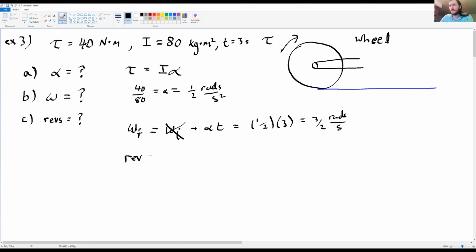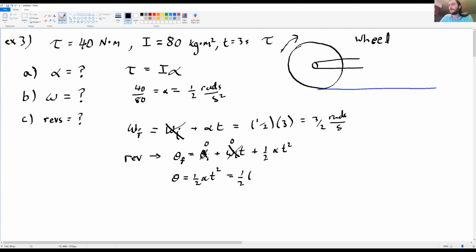To get revolutions, we first go for delta theta, or well, rather I could put theta final here, is theta initial plus omega initial, which is 0, plus 1/2 alpha t squared. And so the amount of theta that we're going to rotate through, theta initial is also 0, is 1/2 alpha t squared.